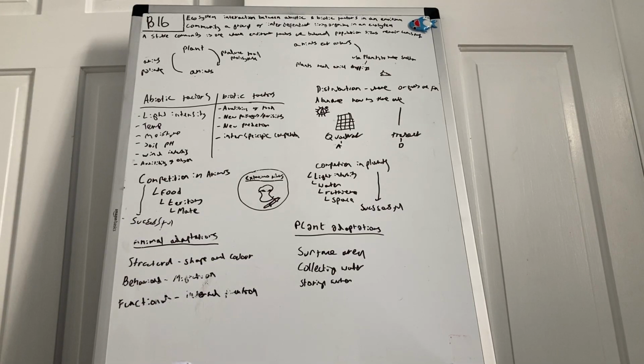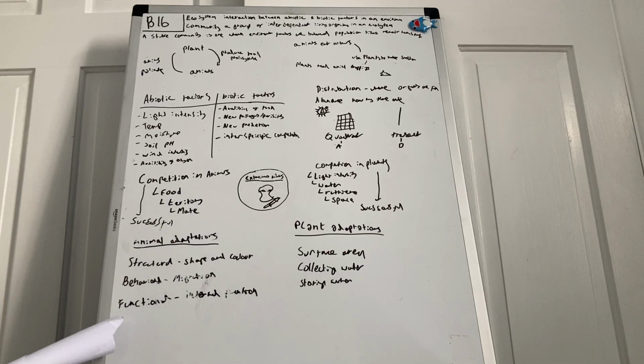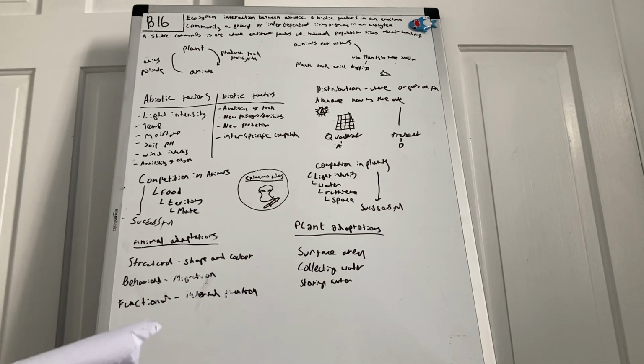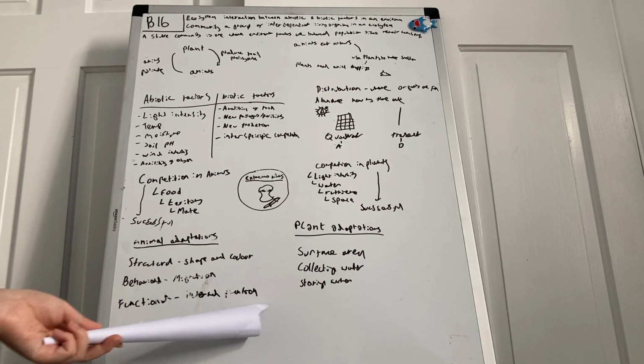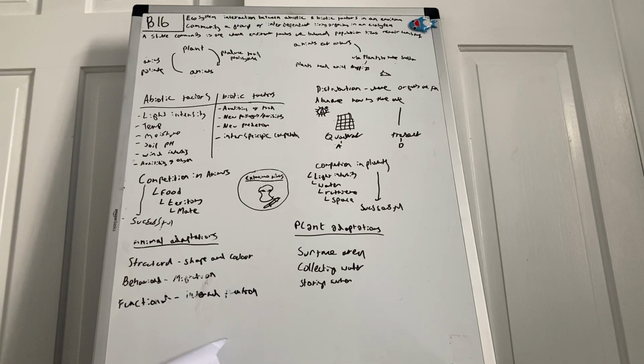For example, birds fly away in the winter. They migrate because it's too cold for them. So that's a behavioural adaptation that they have developed over time. Now, functional adaptations are to do with your internal function, so your metabolism or your reproductive system. Stuff kind of like that.